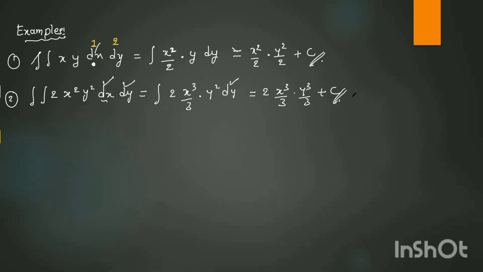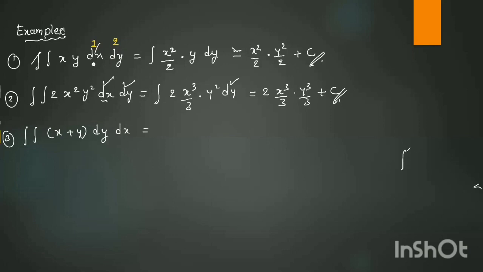Okay. Now I will change a little bit in this problem. Double integration of x plus y dy dx. Okay. Solve. Remember, whenever you integrate with respect to x, you treat the other variable as a constant.